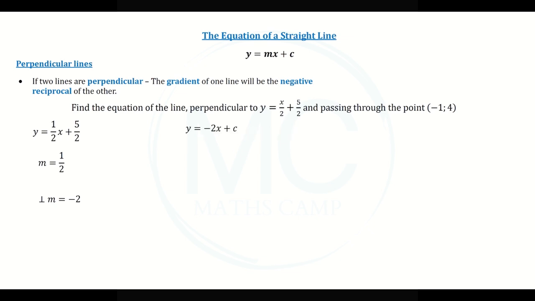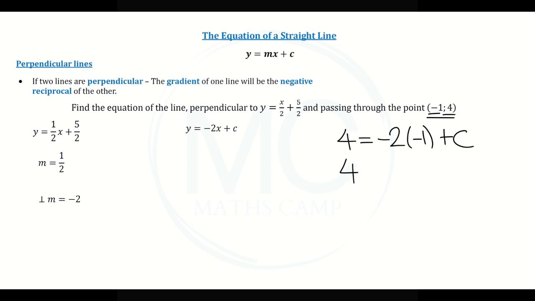The question tells us the perpendicular line passes through the point negative 1, 4. So let's use these coordinates to find c. The y coordinate is 4, so we can say 4 is equal to m, negative 2, multiplied by the x coordinate, negative 1, plus c.